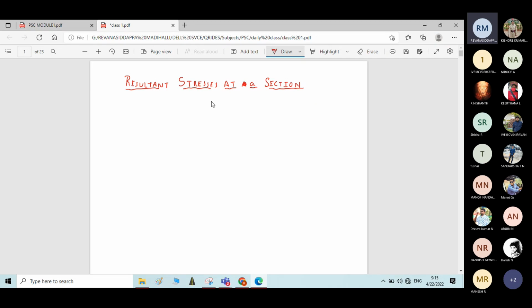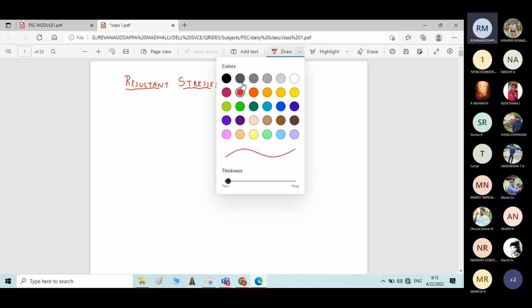So if you understand this, then you will be able to solve the problems. You will be able to find the resultant stresses for realistic problems. For that, we'll consider a beam.